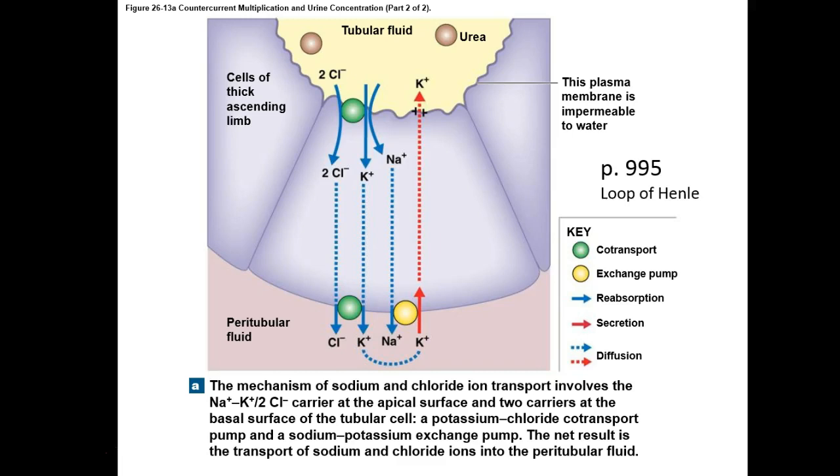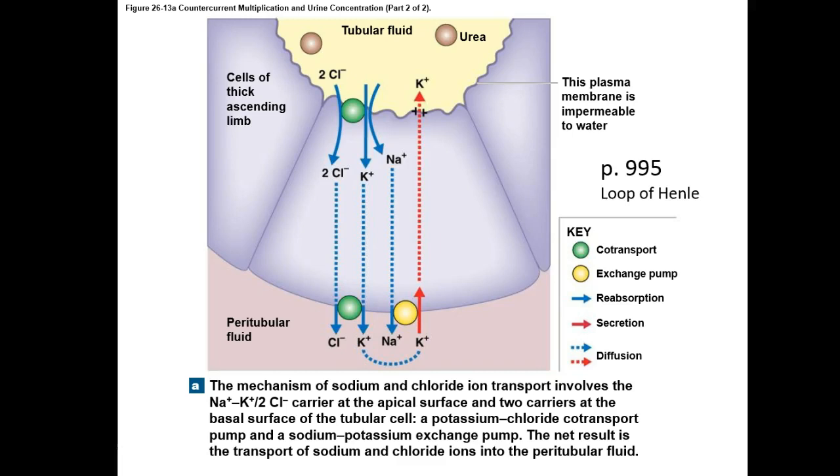So the apical surface is closest to the tube, the basilar surface closest to the capillary bed, and what you have is a co-transport.